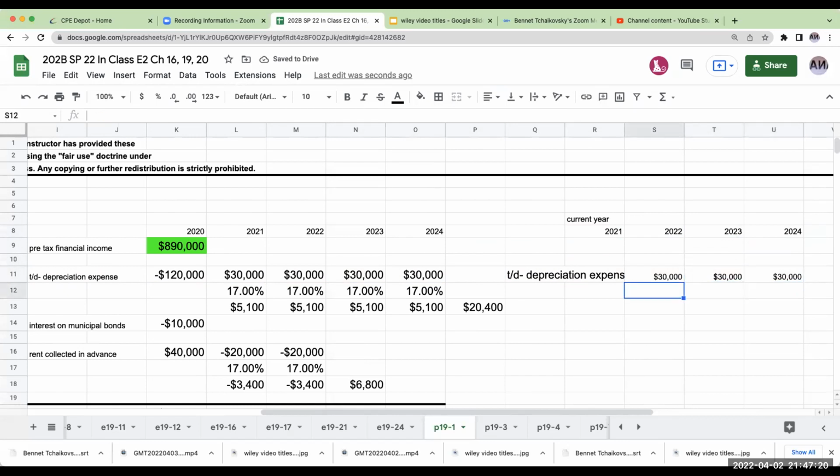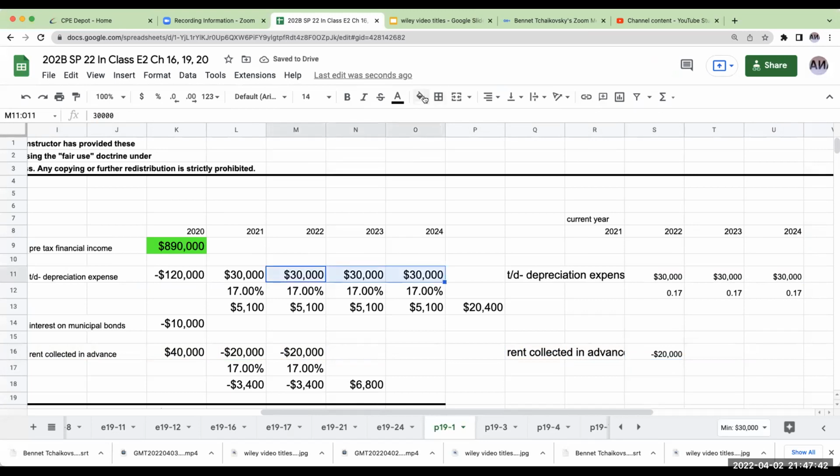My income tax rate for these future periods is still going to be 17% all the way through. Also over here, my rent collected in advance for 2022 is going to be this 20,000.